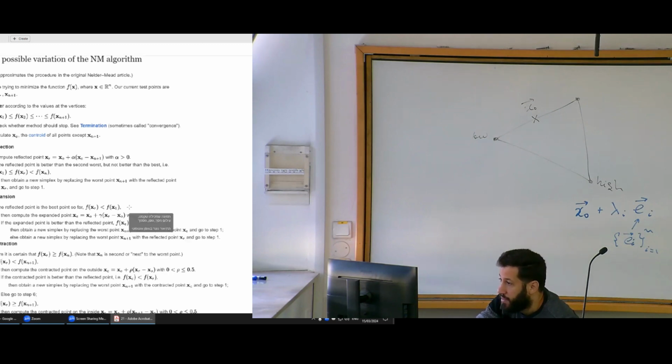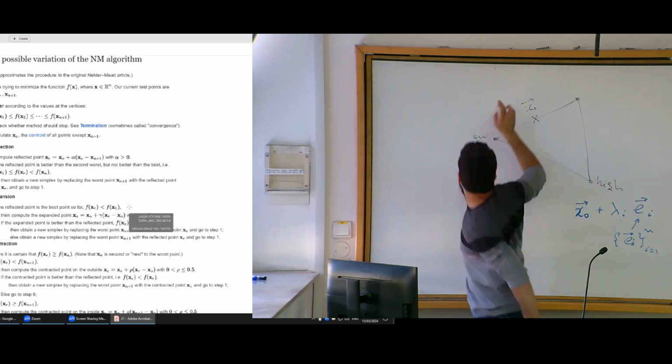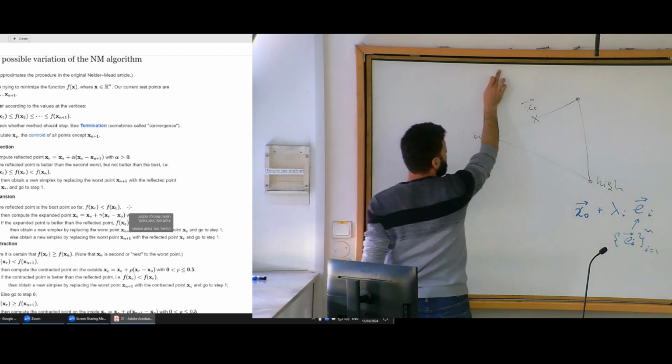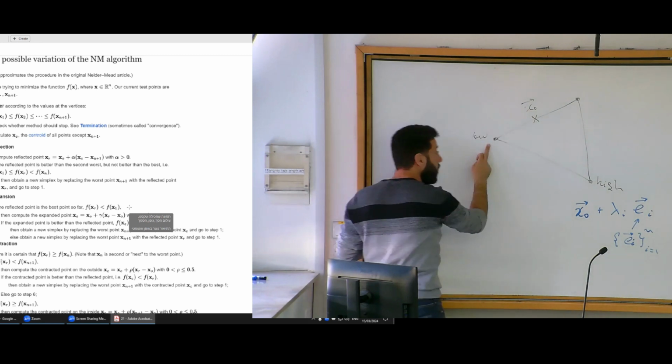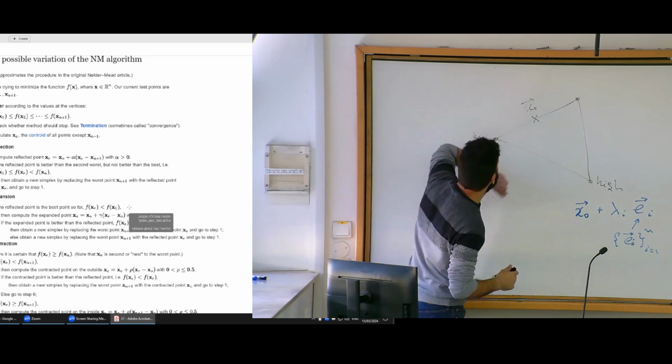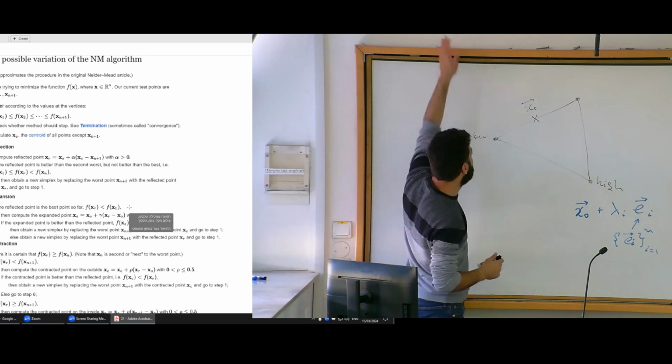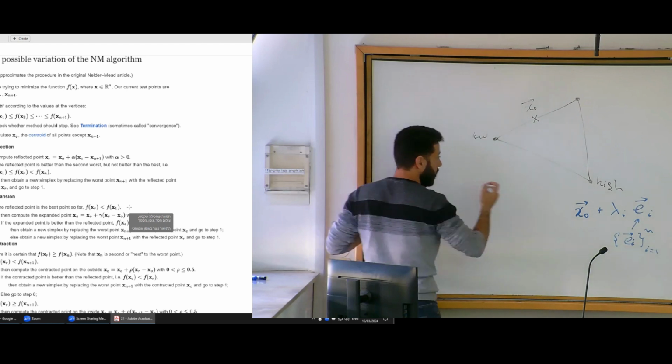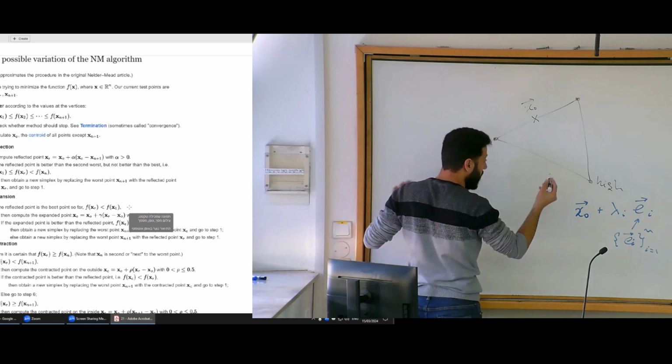Now, if the point that I reflected is smaller than even the lowest, I do not take the point itself. I take an expanded point.